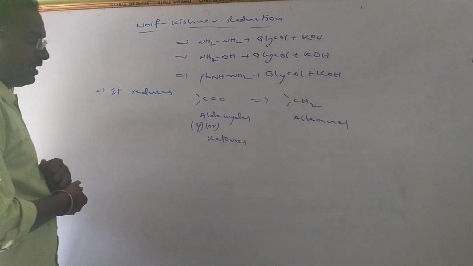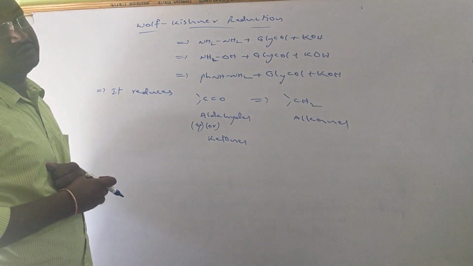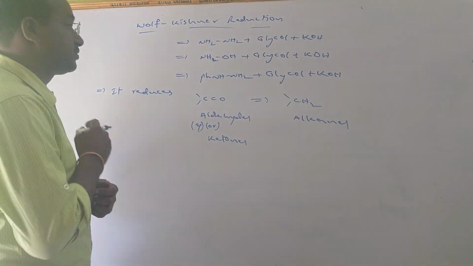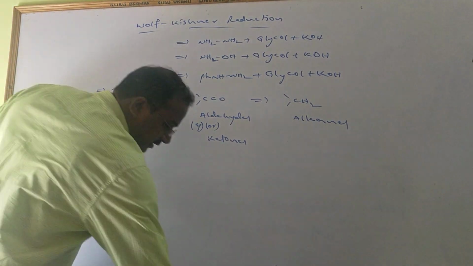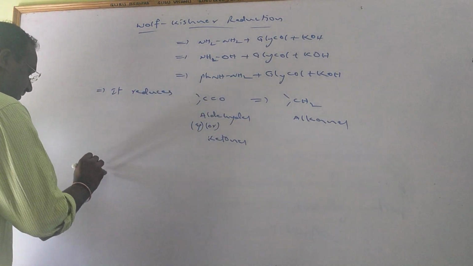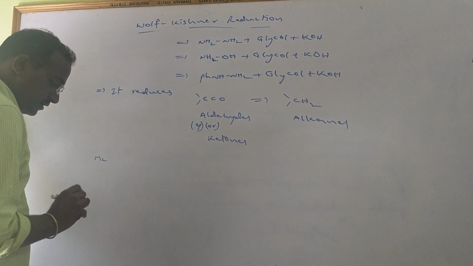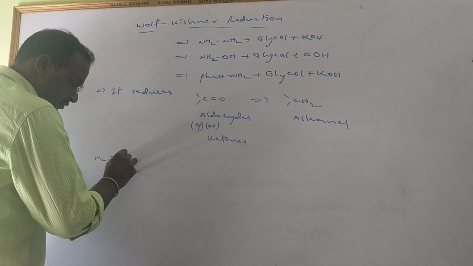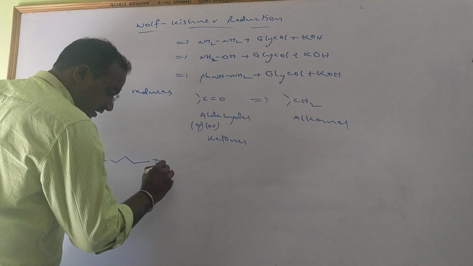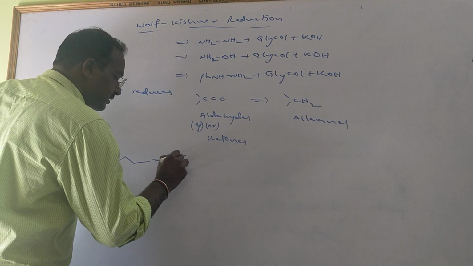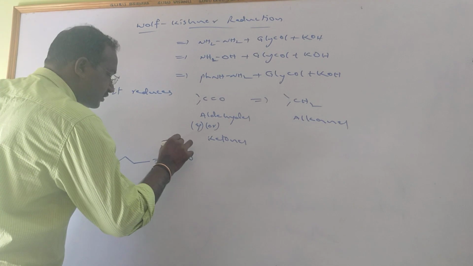That nucleophile acts as an eliminating agent, so dehydrohalogenation takes place to form a double bond. So for example, I use one example: a methyl group, carbons 1, 2, 3, and a triple bond, and also I am taking C double bond O and H.